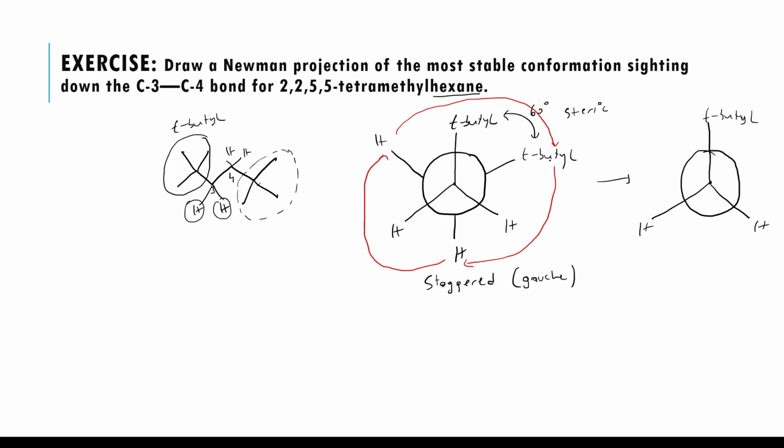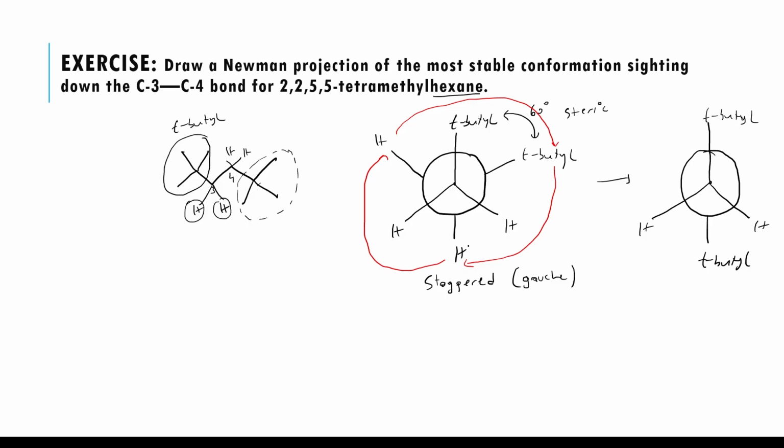Let's specify this t-butyl will move all the way here. Let's write it here. So that will be a t-butyl coming from the back carbon and pointing down, because what I did, I rotated the back carbon 120 degrees.